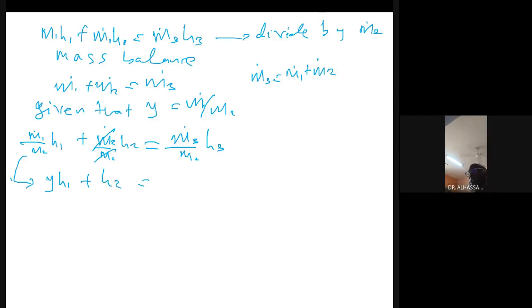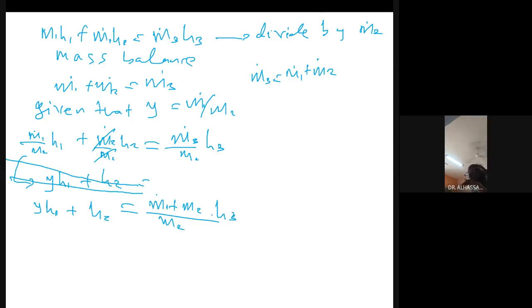Let's rewrite it: Y times H1 plus H2 equals M1 plus M2, divided by M2, times H3.